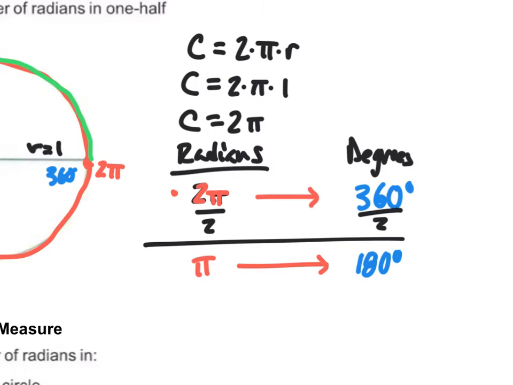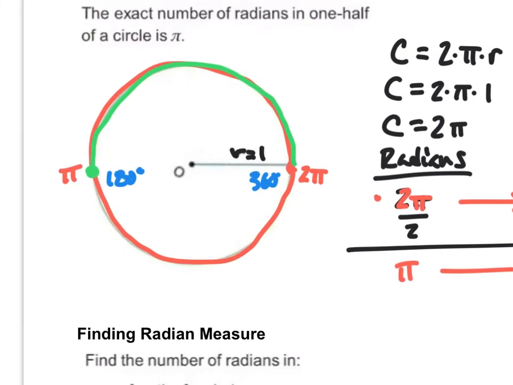And I can keep doing that. If I divide 180 by 2, then I'm going to get a 90-degree angle. If I take pi and divide it by 2, that's going to give me pi over 2 radians.